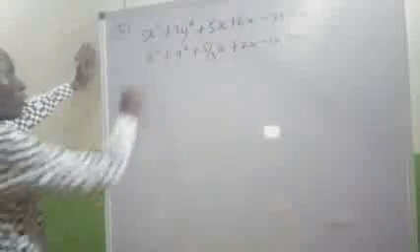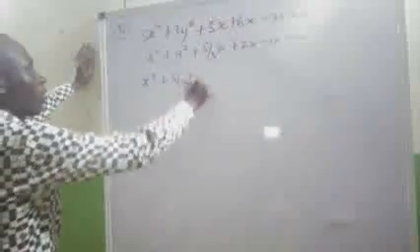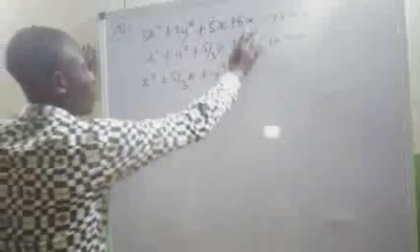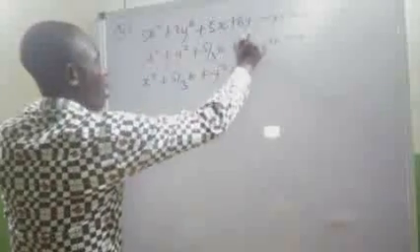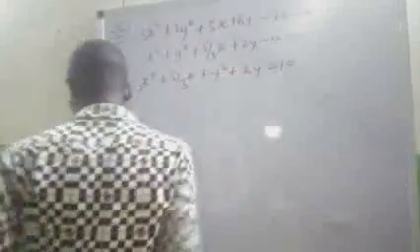If I rearrange my equation, I will have x squared plus 5 over 3 x plus y squared plus 2y is equal to 10.